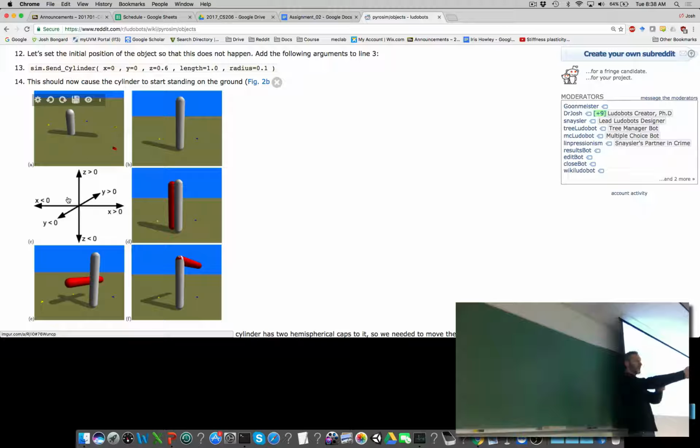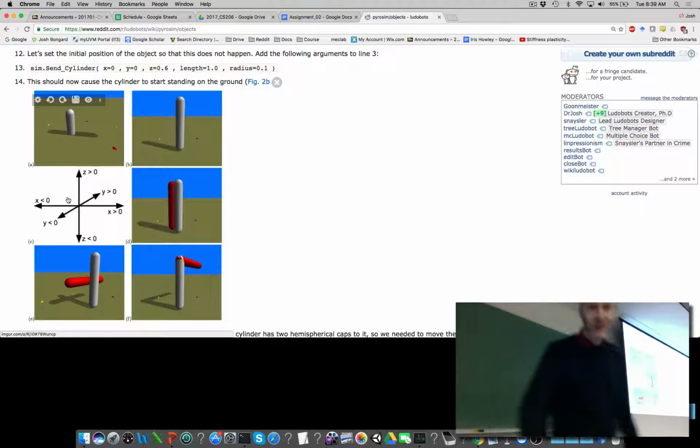We're not doing it that way. We're doing it by saying, here's a 3D vector in 3D space, and we want the cylinder to start by lying along that vector. What is that 3D vector? Someone just said it. 0, 1, 0, right?